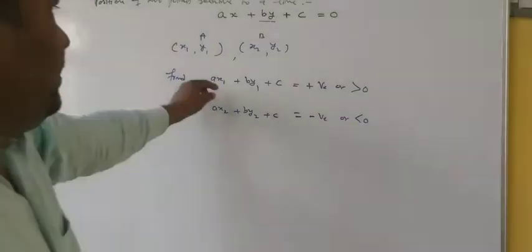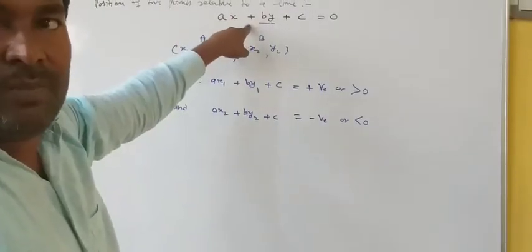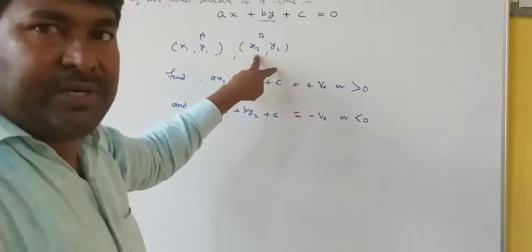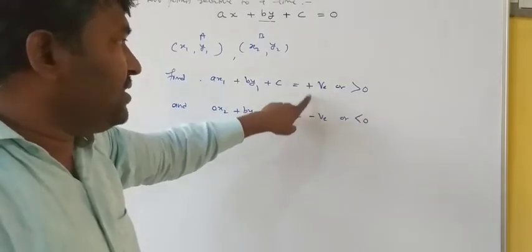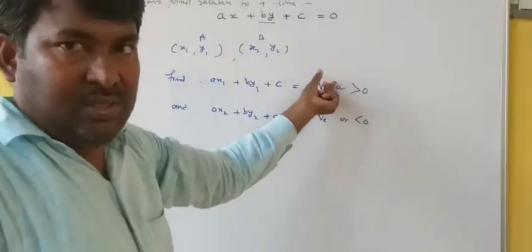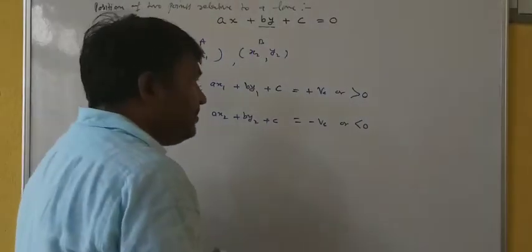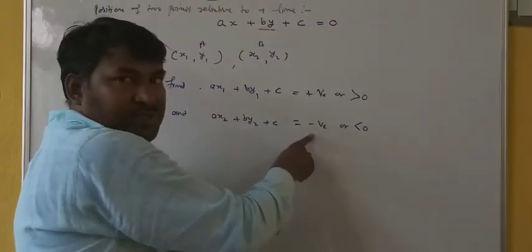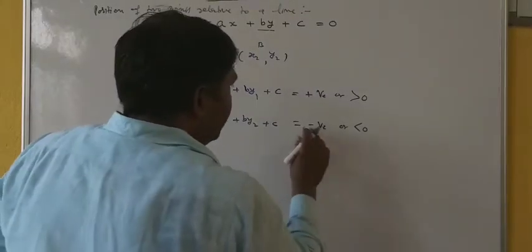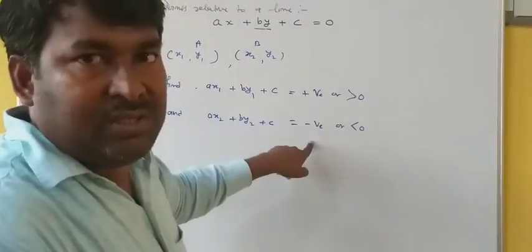So see, putting the coordinates of the points in the given equation of the line, if for both points we are getting different signs, it doesn't matter what the magnitude is. If both of them are of the same sign, either both positive or both negative, that is one case. Here in this case they are of opposite sign, one is positive and the other is negative.